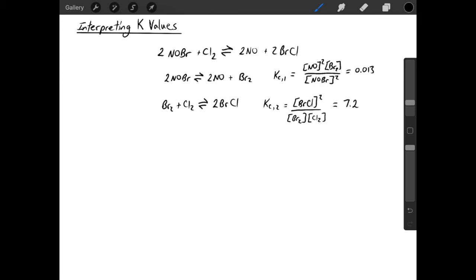You can combine these two K values to get the K for the overall reaction.